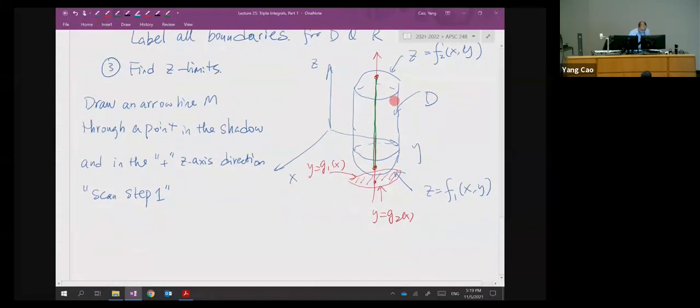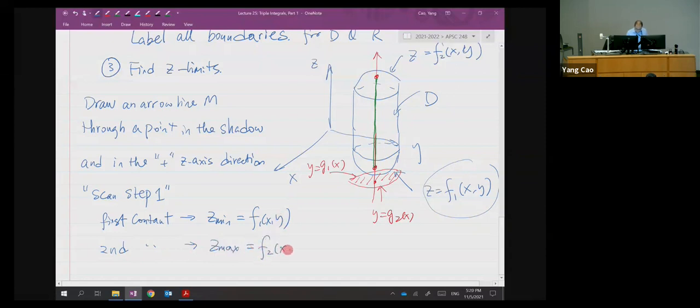Then the first contact, very much like what we've done before, gives you the Z min. Because the first contact is at the bottom surface, Z min is represented by the surface function F1. The second contact gives you the Z max, represented by the top surface function F2 of XY.